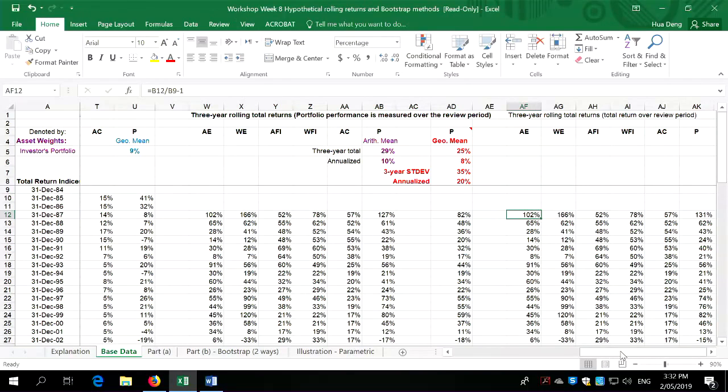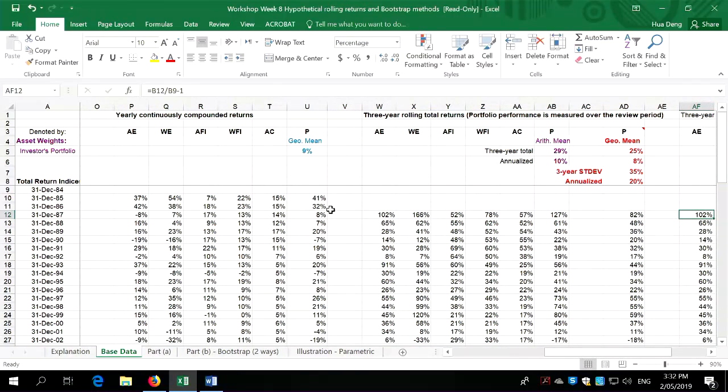There is some flexibility working with the continuously compounding returns. With that, I can easily calculate my portfolio performance over different review periods. For instance, the client in your assignment wants to have the portfolio performance over 3 years.